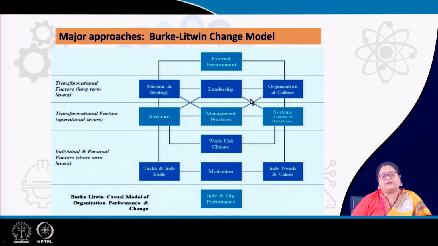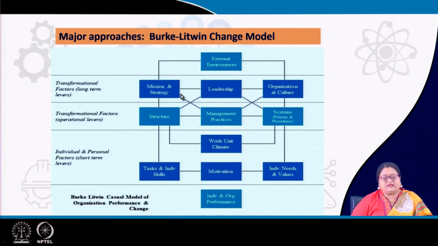These are at the strategic level, which designs what the design of the organization will be, what its vision, mission, and strategy will be, how the organization is going to look and behave, and what its culture is. So the external environment has an impact on the mission and strategy, leadership, and the organizational culture.